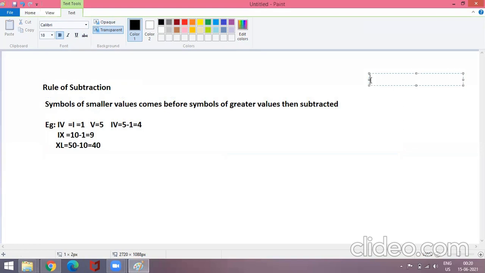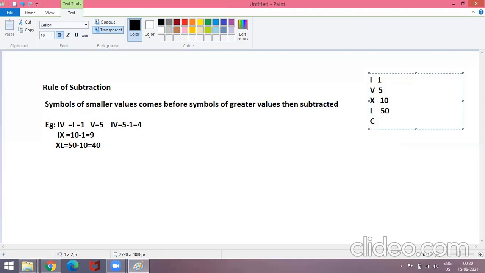I will do one thing. I will mention the value representation for all the symbols here. For I, it is 1. For V, it is 5. For X, it is 10. For L, it is 50.